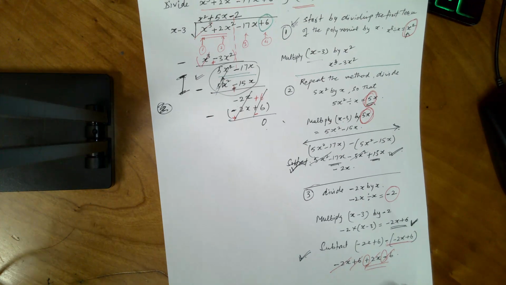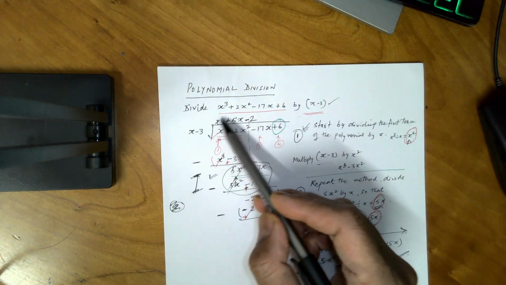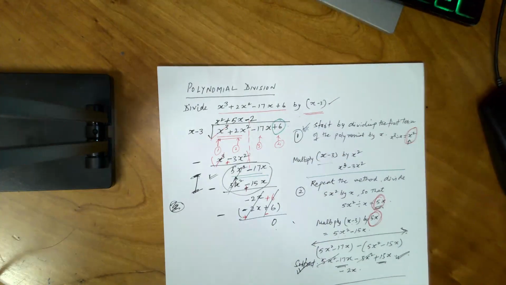So now in the exam, what you will write, because this is what has been given to you: divide your polynomial equation by x minus 3.